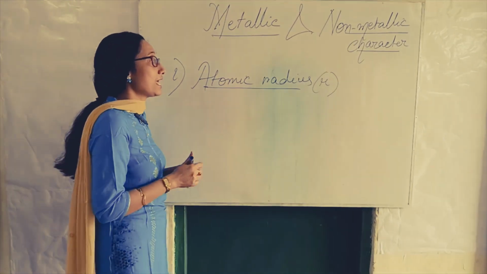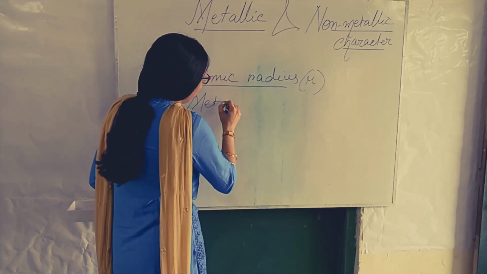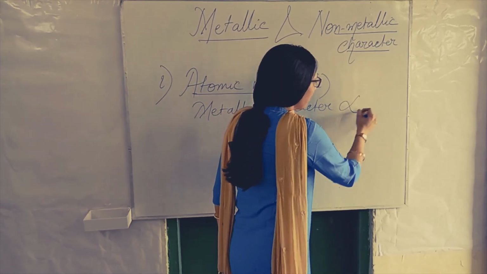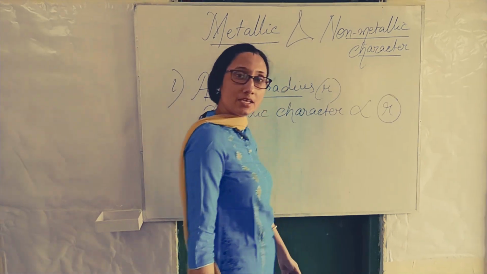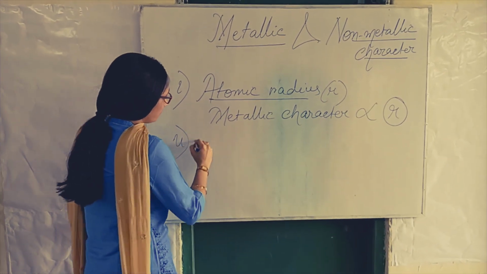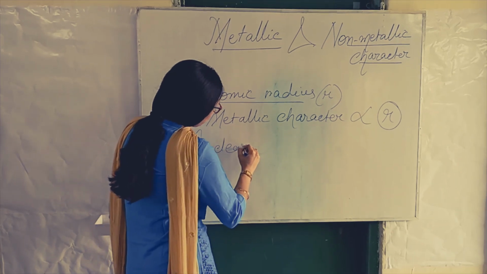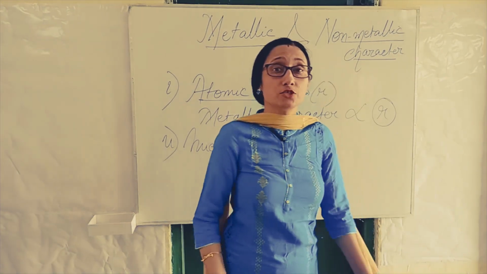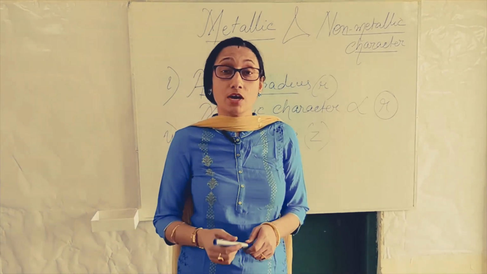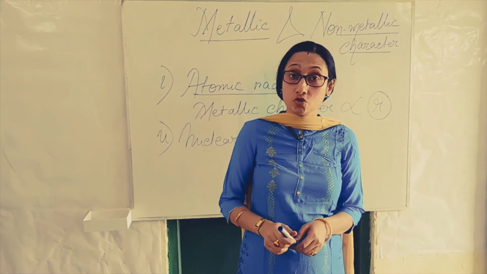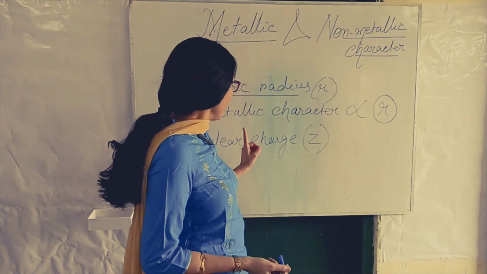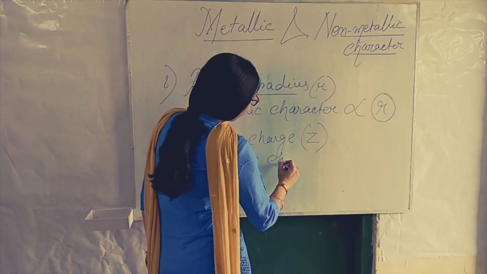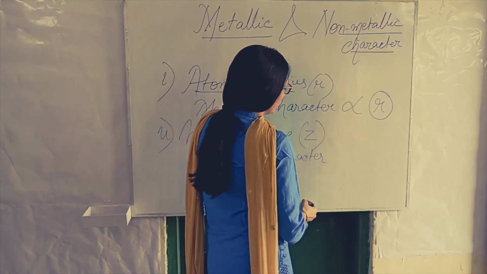That means metallic character is directly proportional to atomic radius. Now the second factor is nuclear charge. Nuclear charge more means more attraction. More attraction means it is difficult for an atom to lose its valence electron. So nuclear charge and metallic character are inversely proportional to each other.